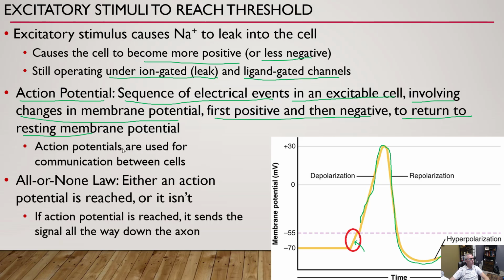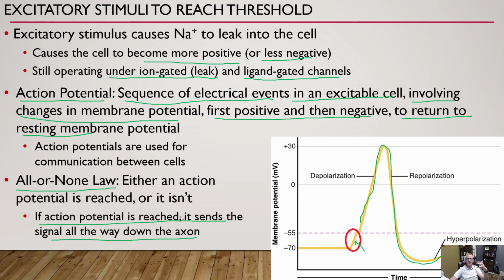And it allows for communication between cells. So when a neuron fires, it's going to actually trigger that action potential all the way down the length of the axon. And we call this the all or none response, or the all or none law. Once we trigger that action potential, it will send that signal all the way down the axon.